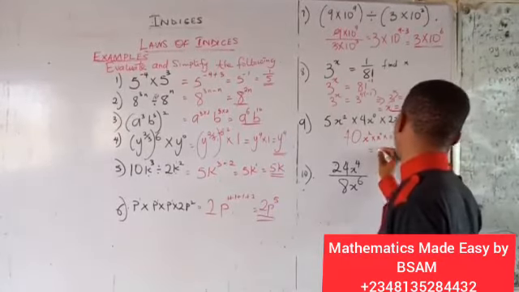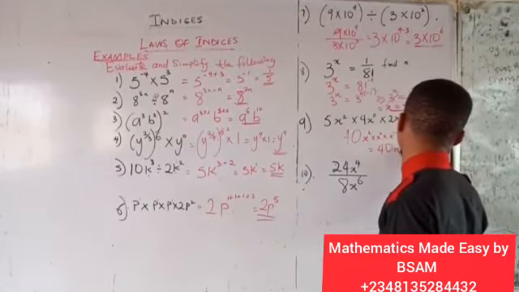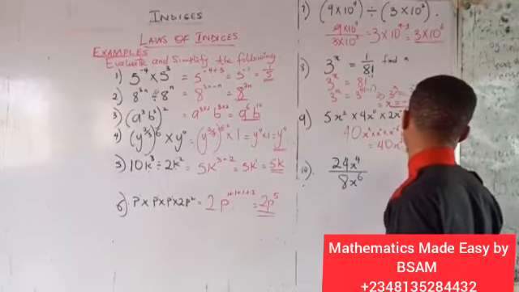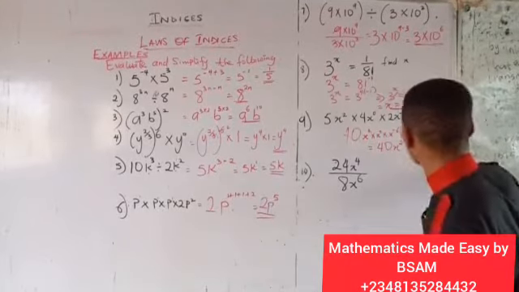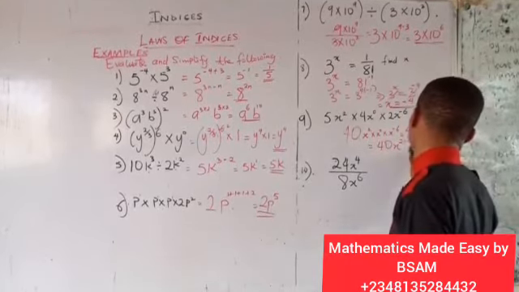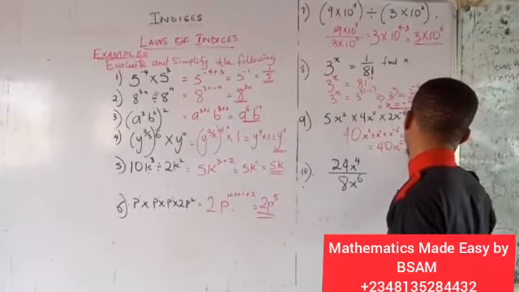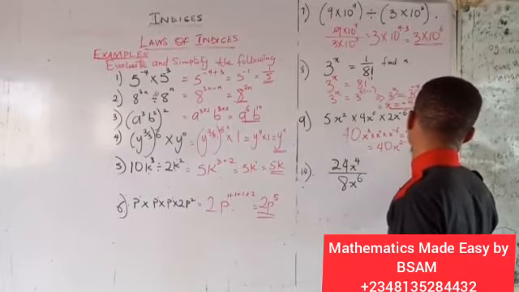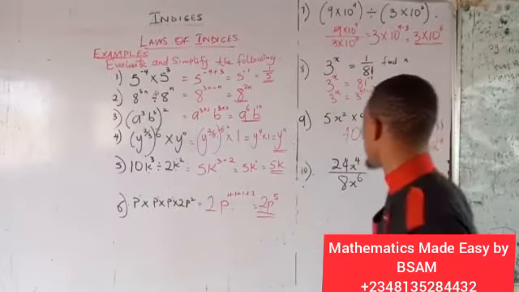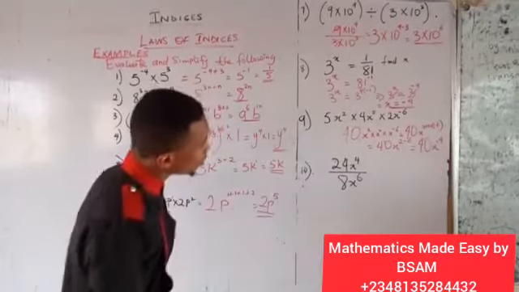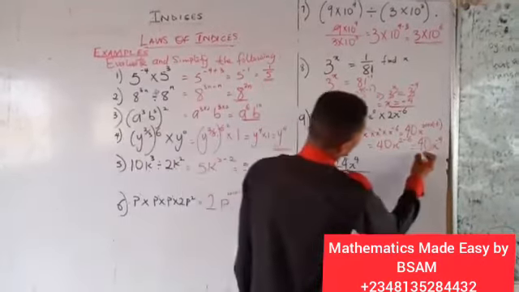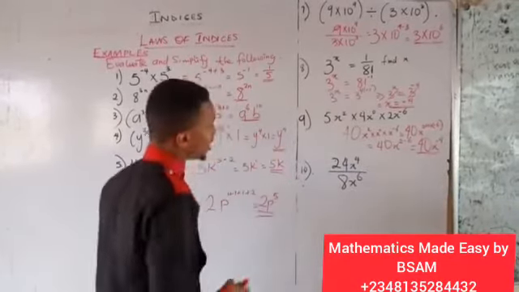Then I'm going to have 40x, 2 plus 0 is 2, plus times minus is minus 6. Then, which means that my final answer is going to give me 40x raised to the power of minus 4. That's very simple. Just use the laws there, you get your answer.